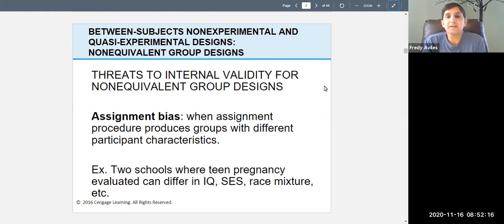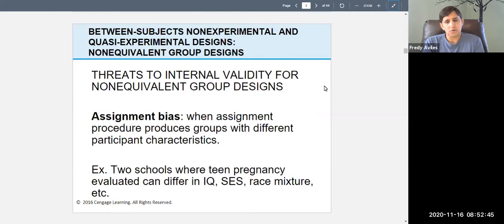And the students can be very different in these different neighborhoods, okay? Different racial mixture. As you guys know, the poor neighborhoods tend to have more minority students, more Latinos, more Black people, right? And the richer neighborhoods tend to have more white people. All these differences, right? The schools can be different in different ways, okay? That's why it's called the non-equivalent group design.